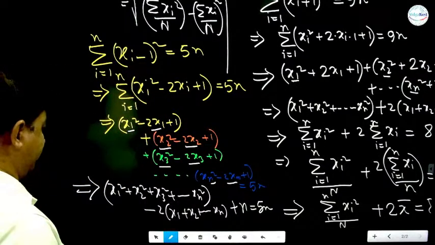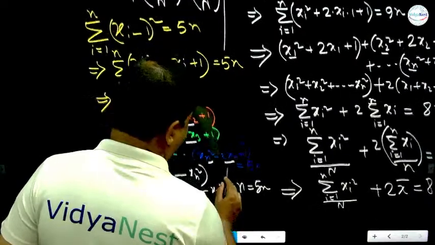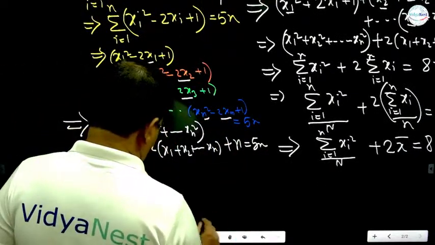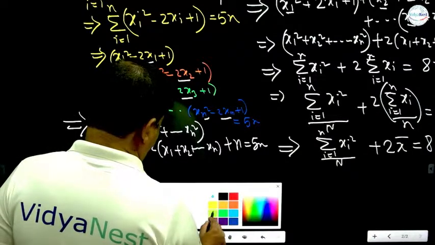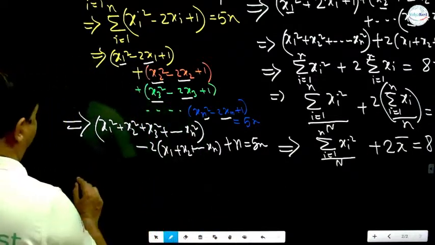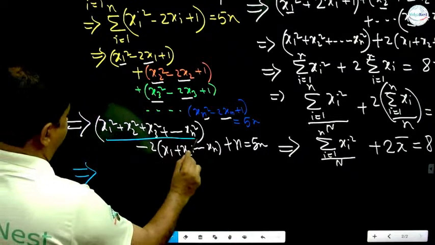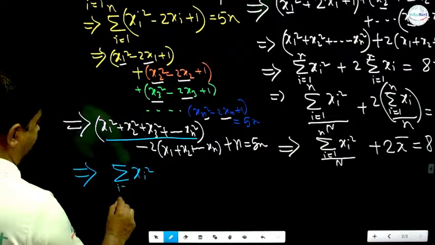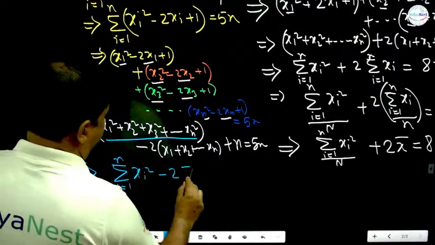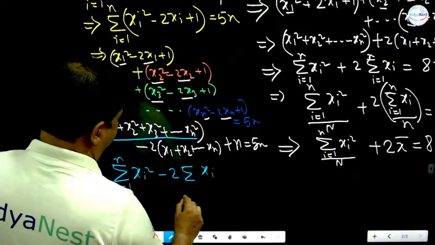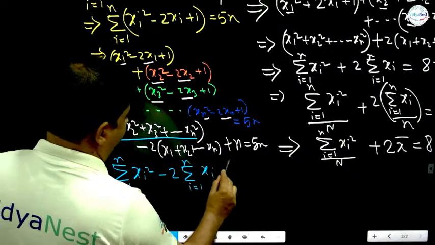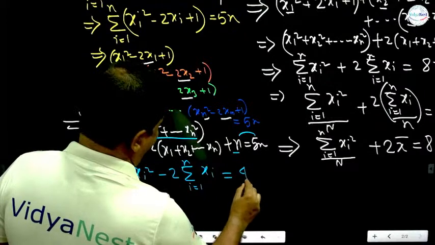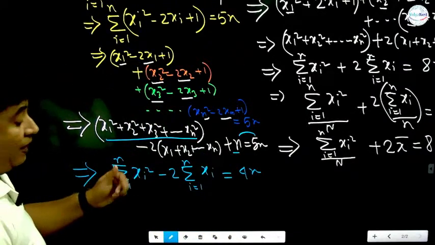So from here what will we get? Instead of this I can write summation of xi square, i from 1 to n, minus twice summation of xi, i from 1 to n, and that n will be taken to the right hand side: 5n minus n, that is 4n. Now you divide both sides by n.